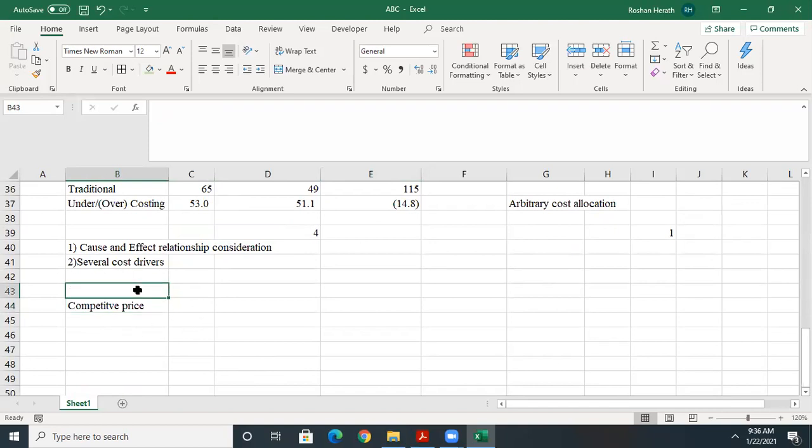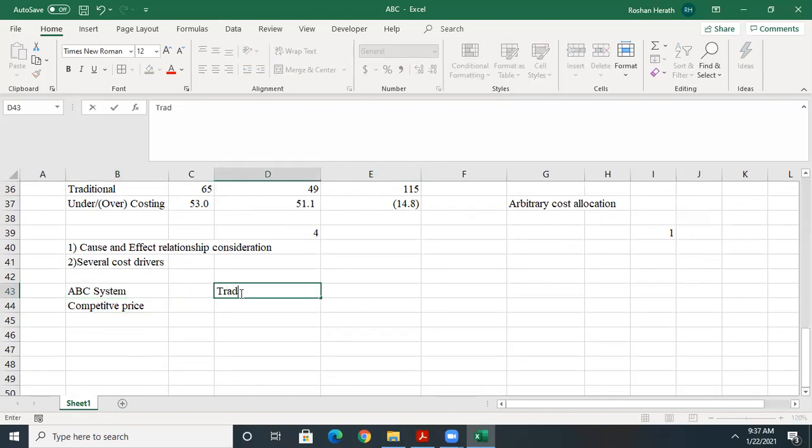If you operate the ABC system, you would be able to offer a competitive price. If it is the traditional system, what happens is you would suffer from underpricing or overpricing.